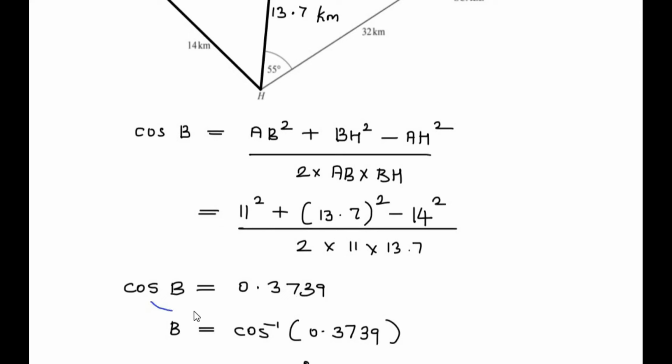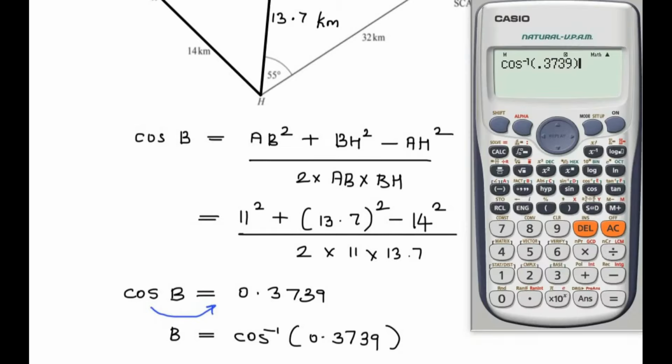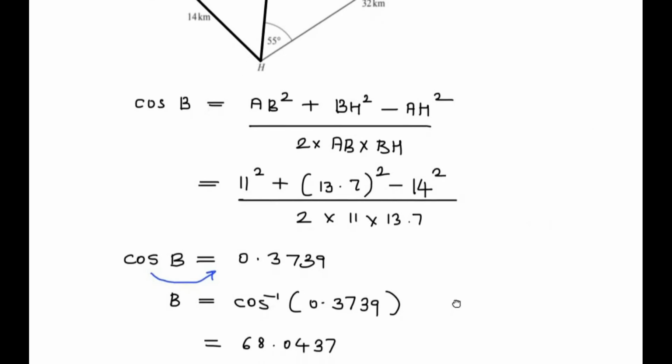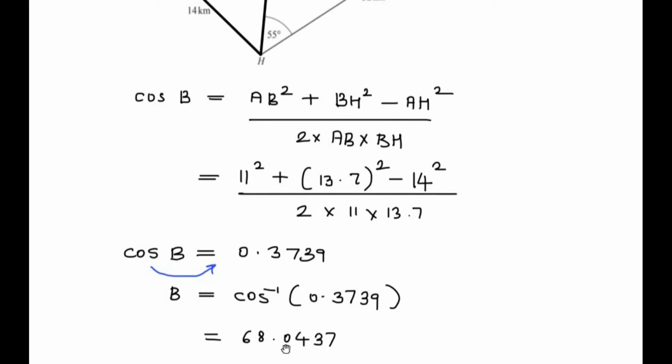Now taking cos to the other side of the equal sign, we get angle B is equal to cos inverse of 0.3739. Now cos inverse of this value will give us 68.0435. So rounding it to 4 decimal places, we have written here angle B as 68.0437 degrees.